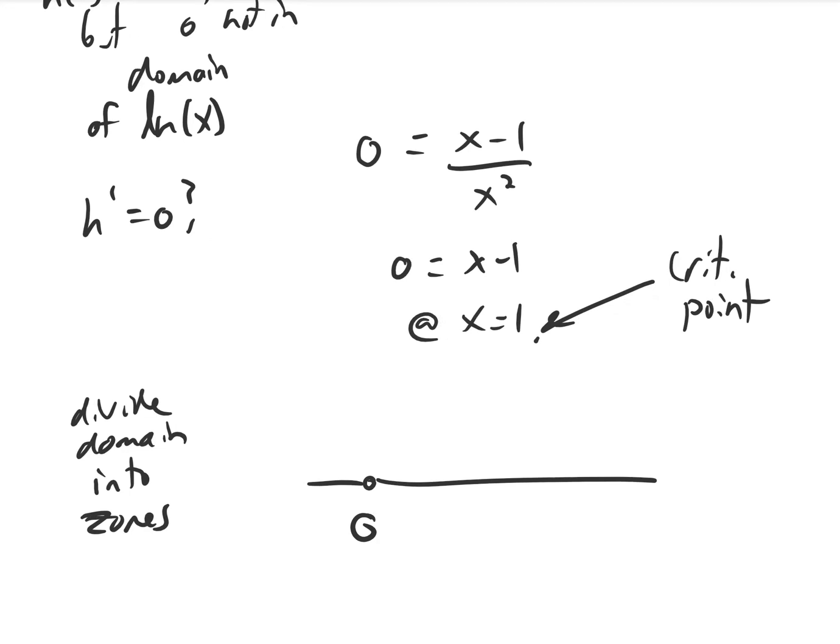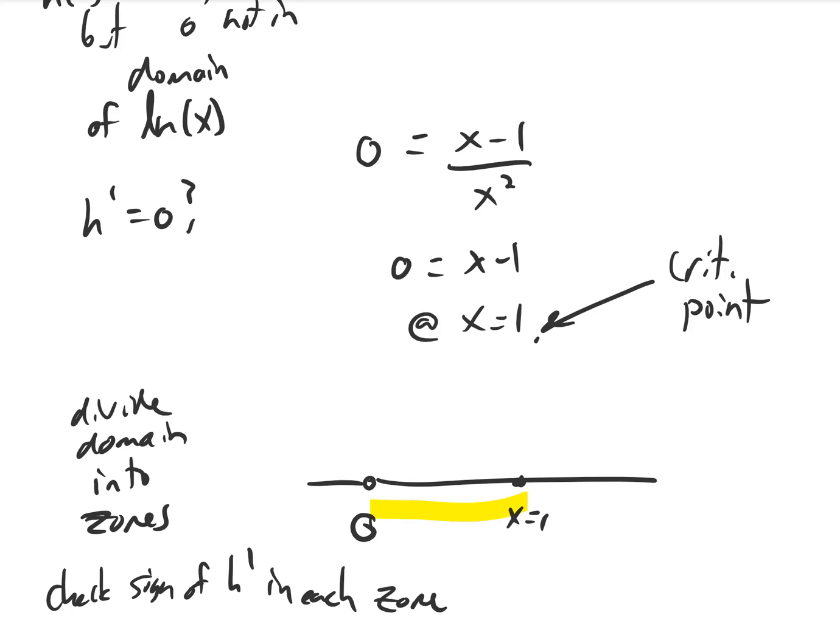And then we have a critical point at x is equal to 1. So then we'll check the sign of h prime in each zone. So we need a convenient number between 0 and 1.